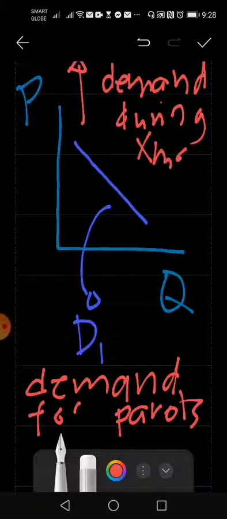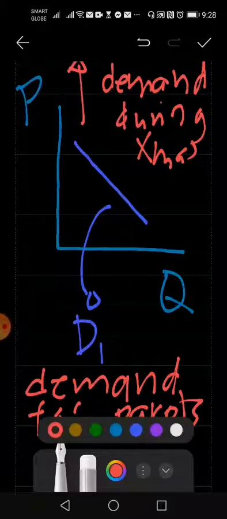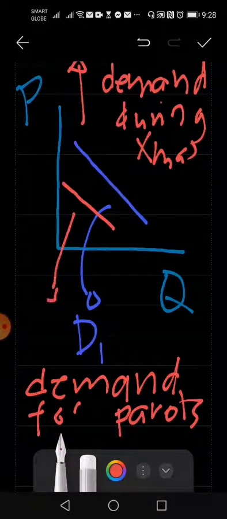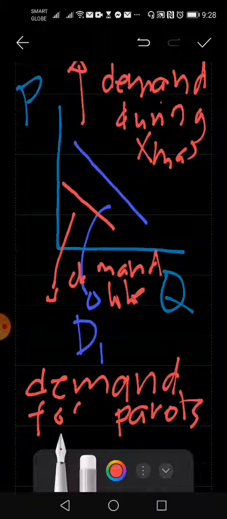Tapos, nag-ask siya, ano nangyayari, this is D1. Pwede mong ilagay yung same color lang naman. Tapos, nag-ask siya, ano nangyayari? Bakit doon nagdi-decrease yung quantity? It's because the demand, lagay natin dito, when it's not Christmas has decreased.